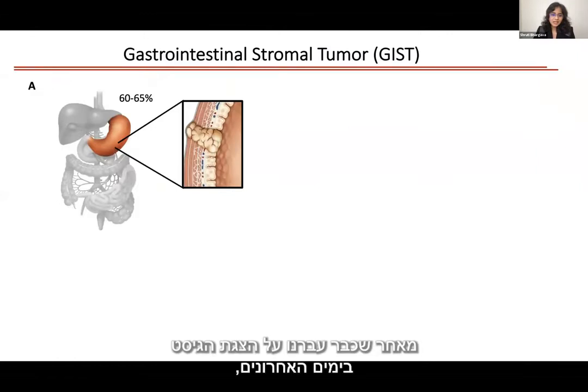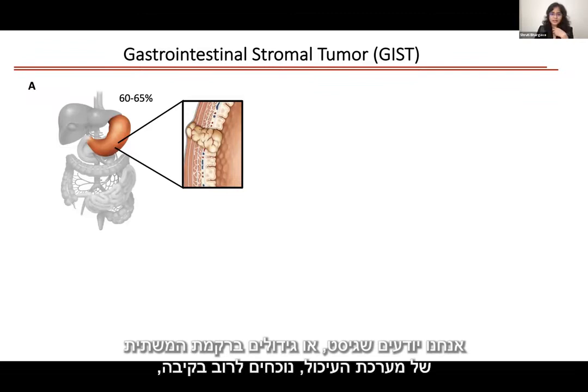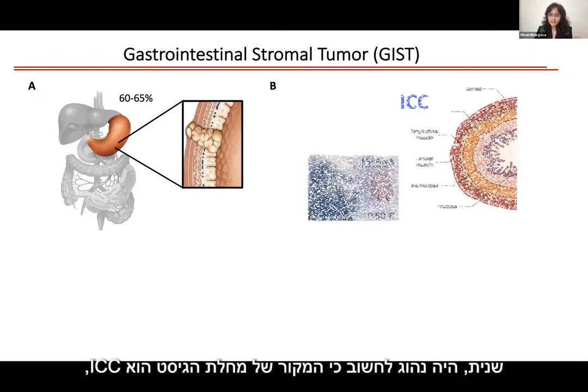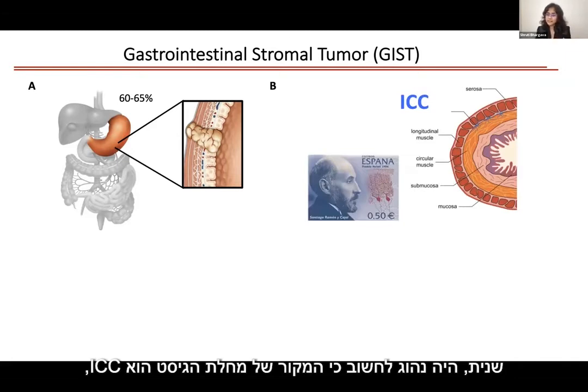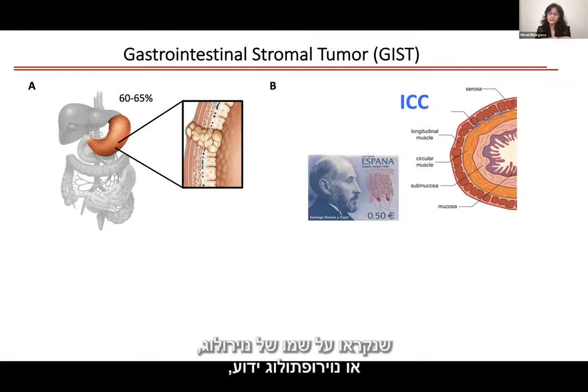Now, as we were going through the introduction of GIST for the previous few days, I'll just give a very, very basic refresher. We know that GIST, or gastrointestinal stromal tumors, are predominantly present in the wall of the stomach. Secondly, the cell of origin of GIST is thought to be ICCs, or interstitial cells of Cajal, named after a famous neurophysician or neuropathologist, Cajal.